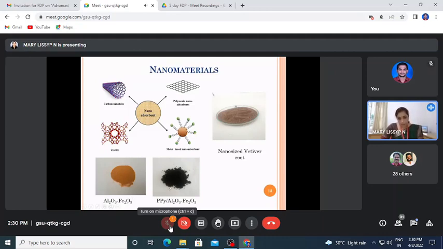On the right-hand side, you can see this powder coated with a polymer. Which polymer did we select for coating? Based on the literature review and some journals, we took polypyrrole, the pyrrole monomer, for coating this alumina iron oxide nanocomposite, because it has so many advantages when you take a polymer.